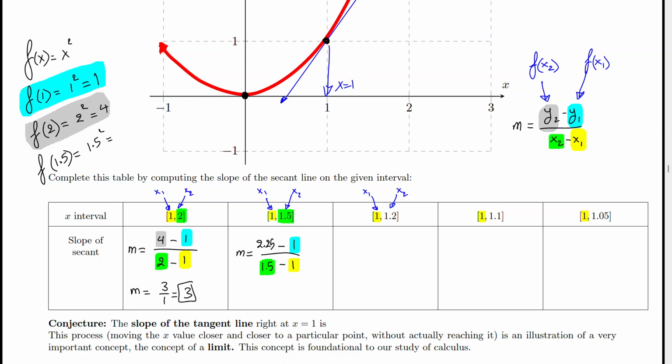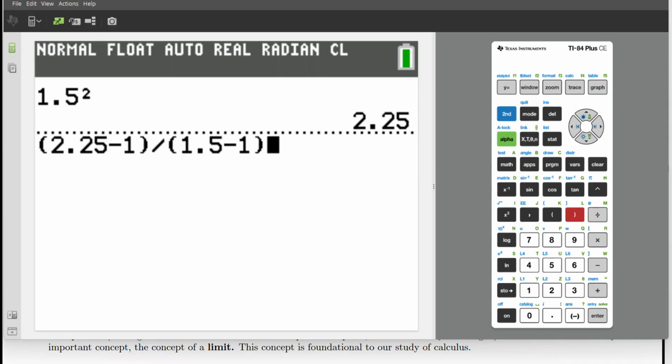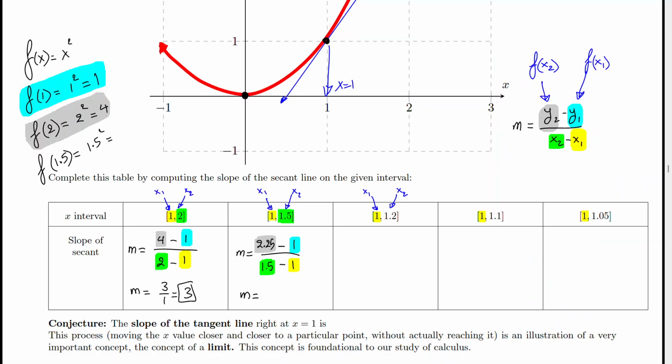And all I have to do now is just subtract all these numbers and divide them out and get the estimate for m. So since I have my calculator turned on, let's go ahead and use the calculator to estimate. And as we can see, the estimate will be 2.5. So 2.5 is the slope of the line that connects 1 and 1.5 with each other.